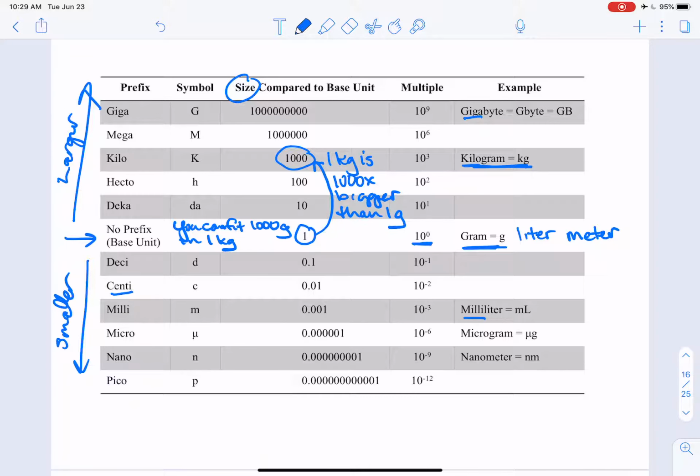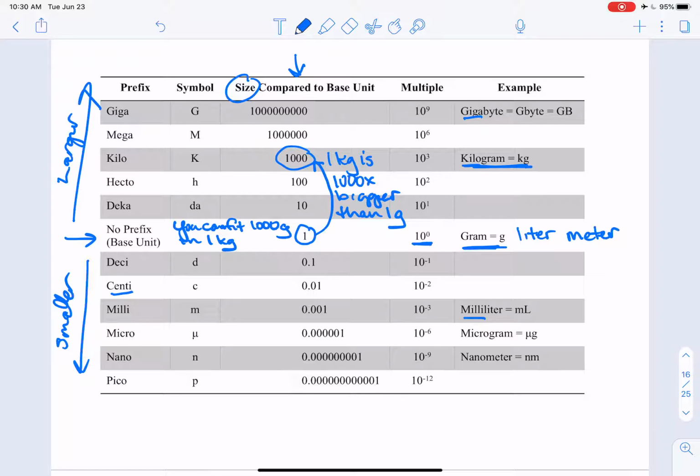So how we would write this equivalence statement, it is a little bit interesting because this part of the chart is telling you the size of each unit. But when we go to write the equivalence statement, it seems kind of like it's backwards. But we have to say it out loud in our mind to make sure it makes sense.